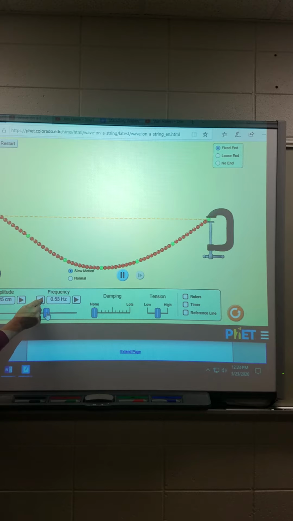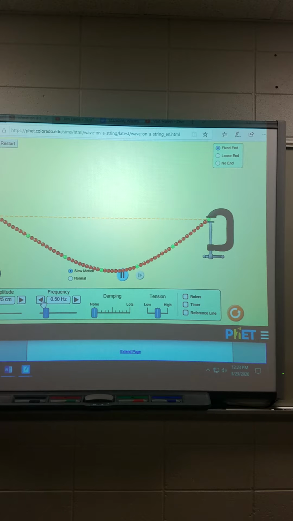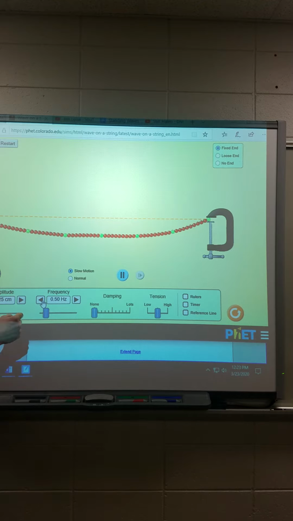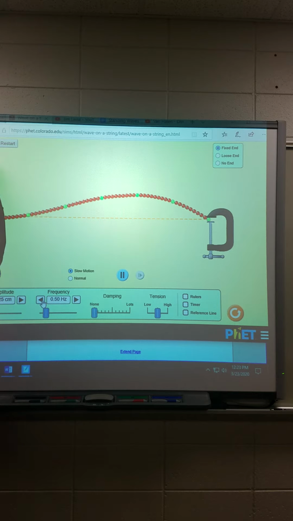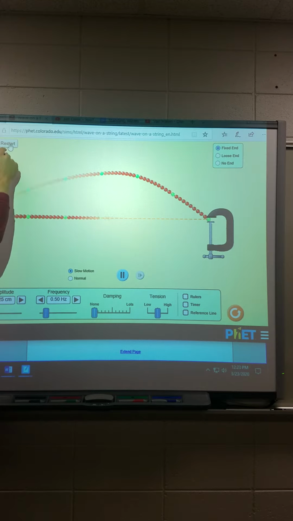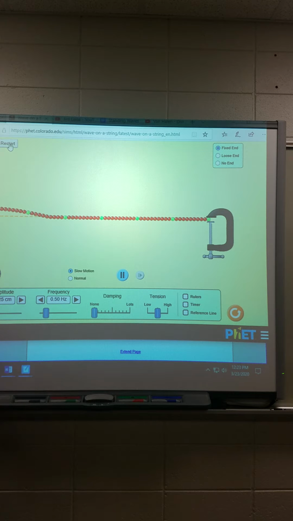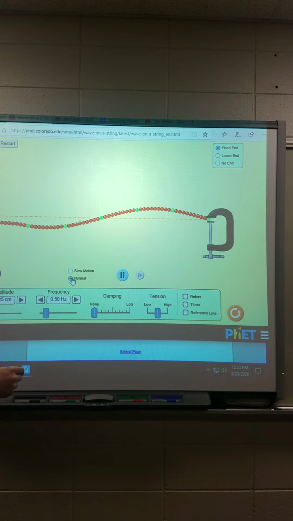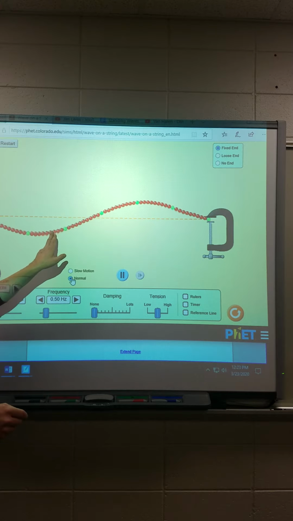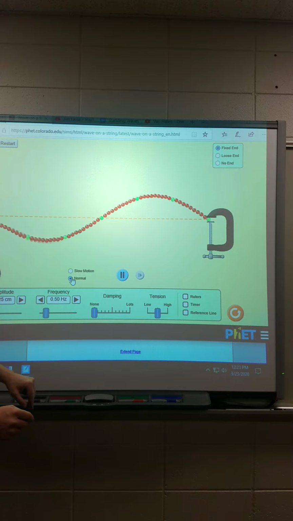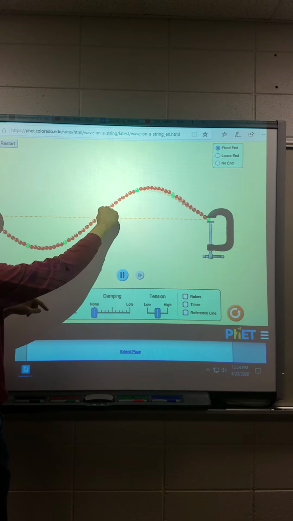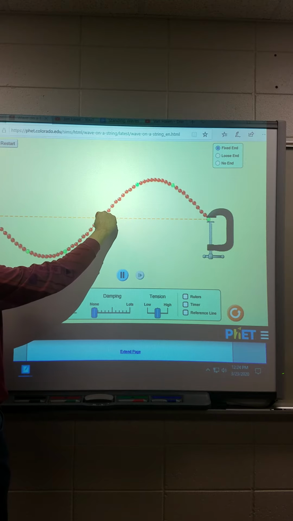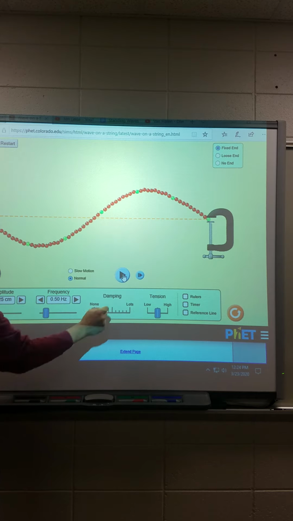Let's restart this. Now we're going to generate two standing waves here. We get two crests, and the middle represents an area where it destructively interferes.